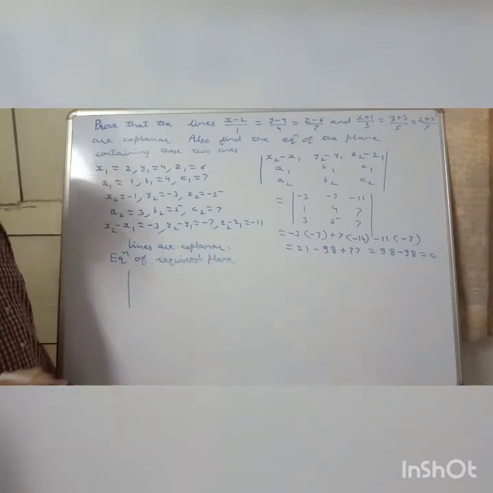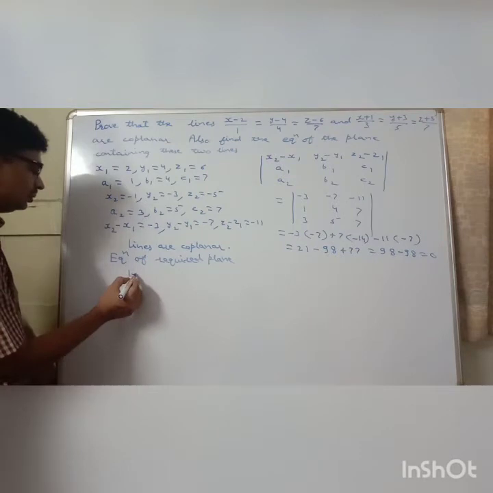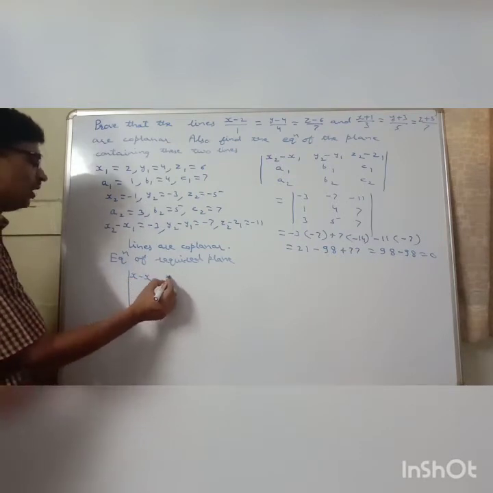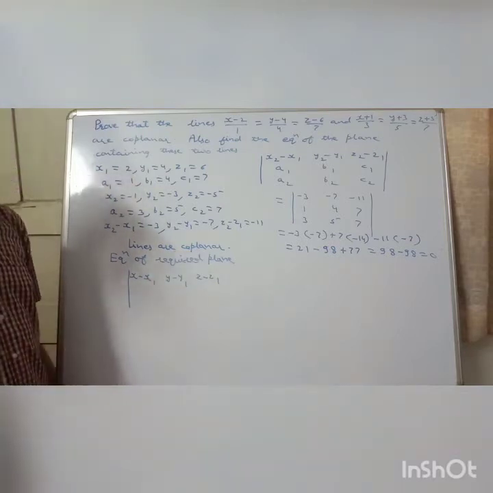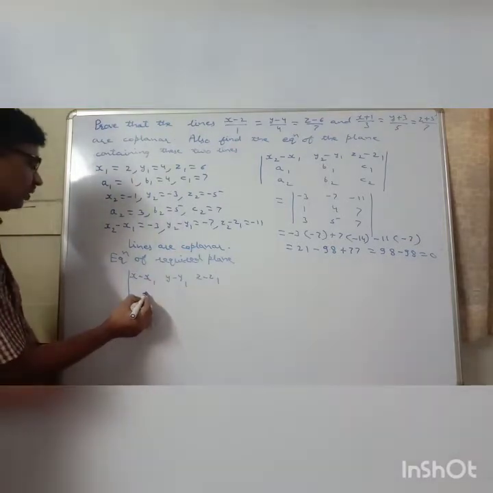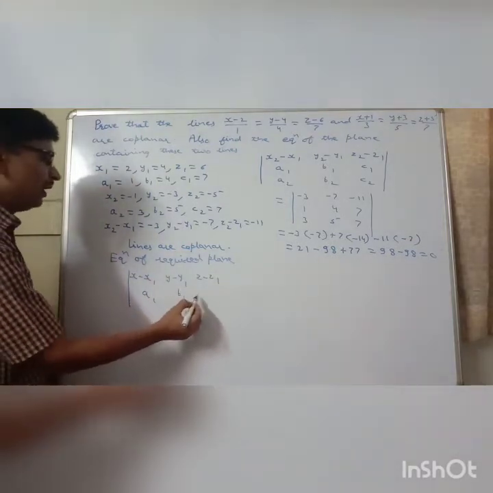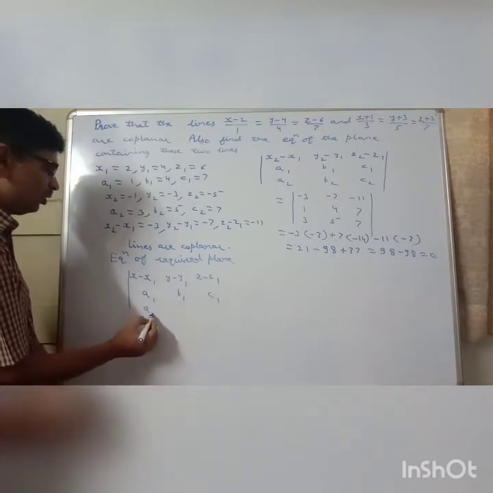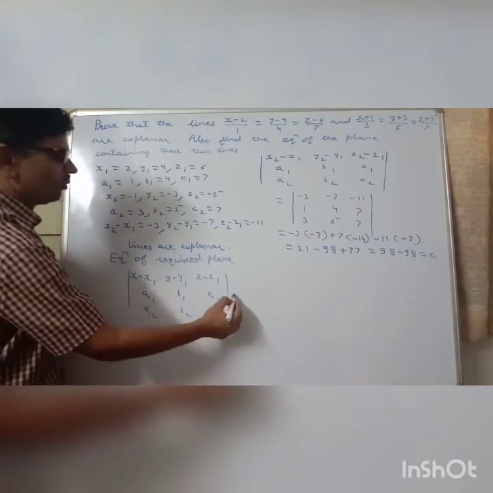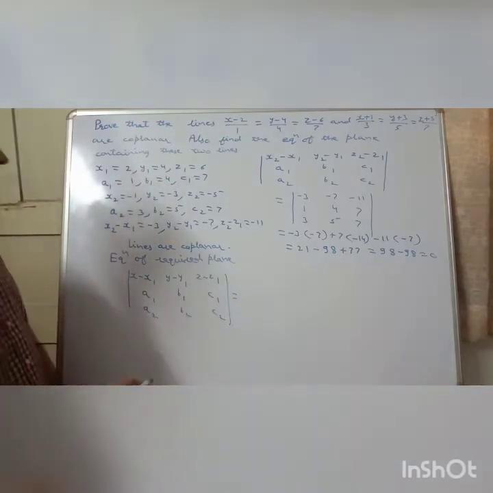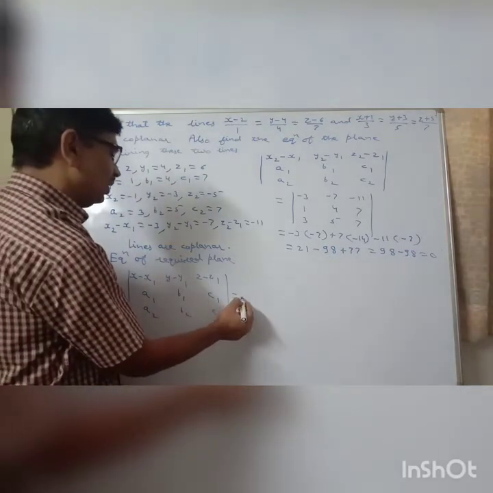In determinant, x minus x1, y minus y1, z minus z1. Second row, a1, b1, c1. Third row, a2, b2, c2. And this is equal to 0.